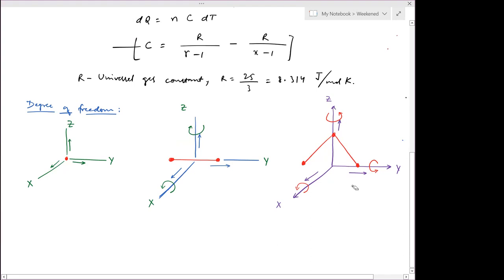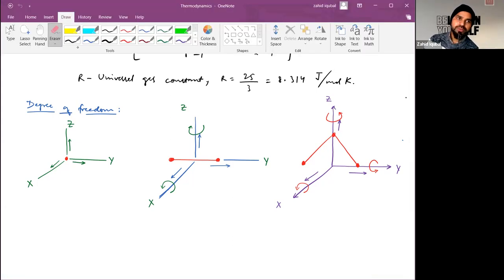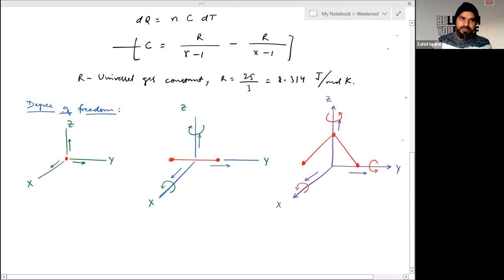Yes, sir. So degree of freedom basically defines in how many ways a molecule or a particle contains energy. So let me define this degree of freedom.